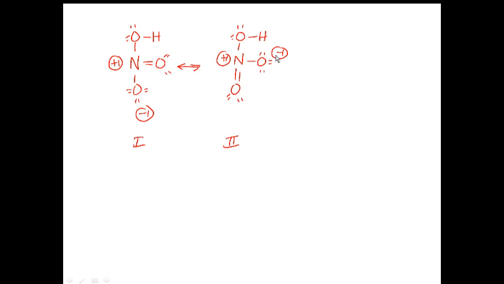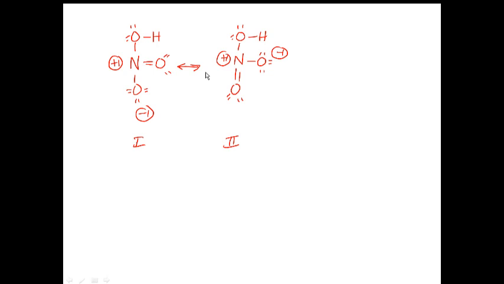Now, if I had these two structures, ultimately the question that came about when people first started to draw Lewis dot structures was, which of these two structures is legitimate, or are they both the same?